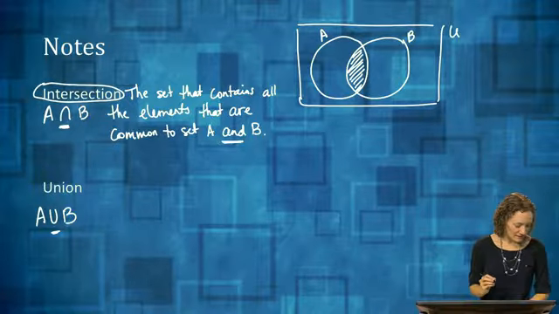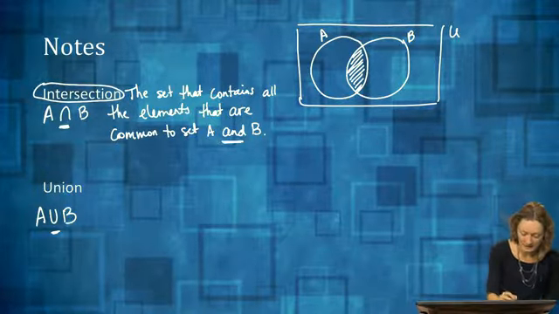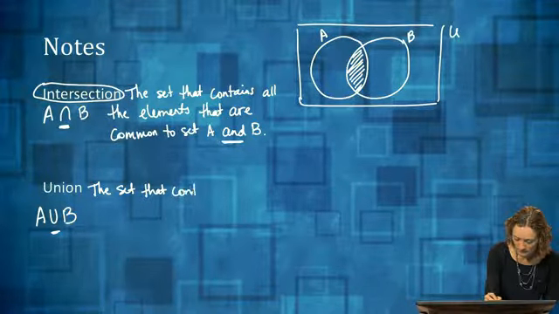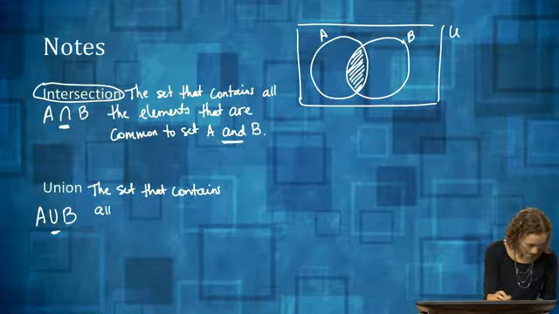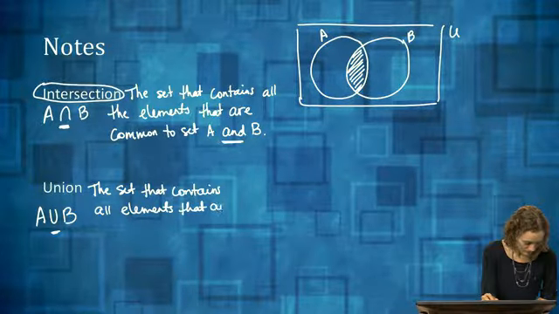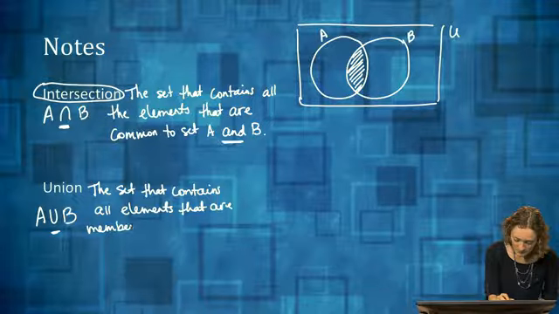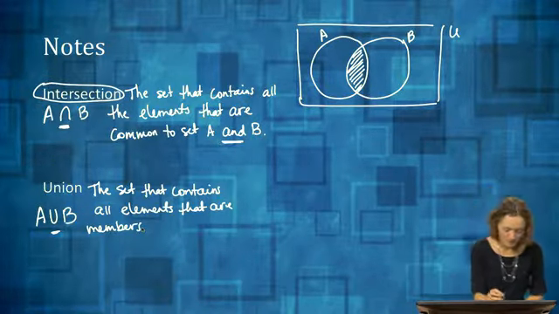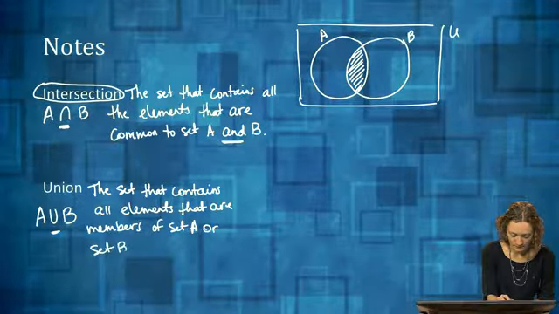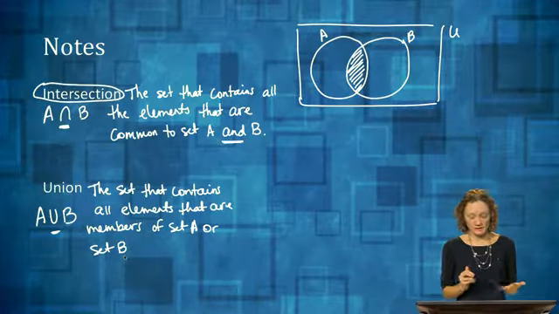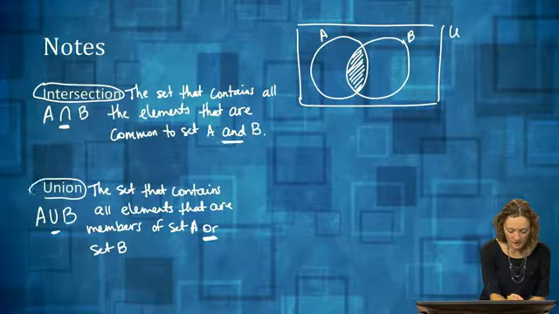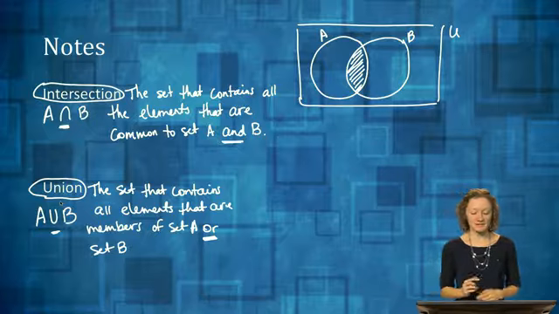And this is the set that contains all elements that are members of set A or set B. So one more time, the set that contains all elements that are members of set A or set B. You'll notice in this one, inside the definition, we have the word or here, or the U and the union. All three of these convey the same message.